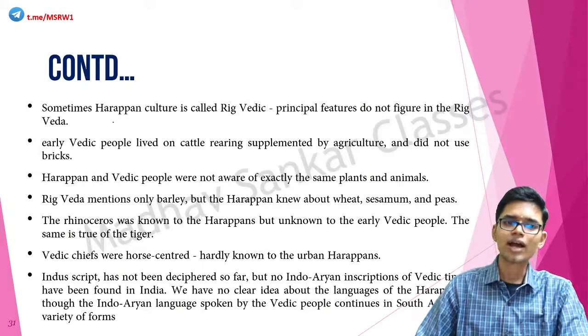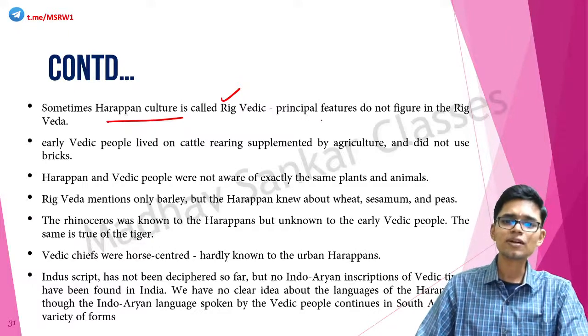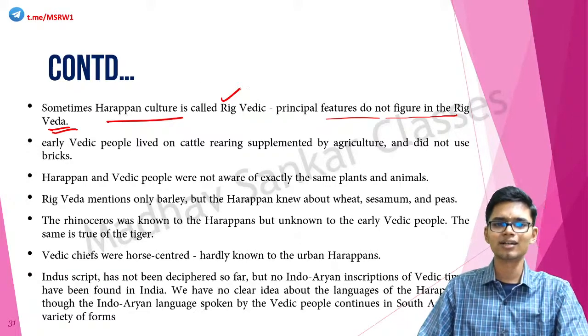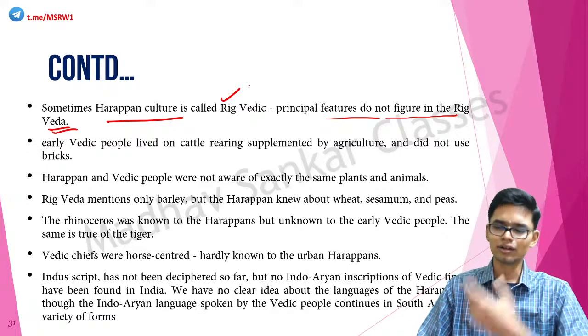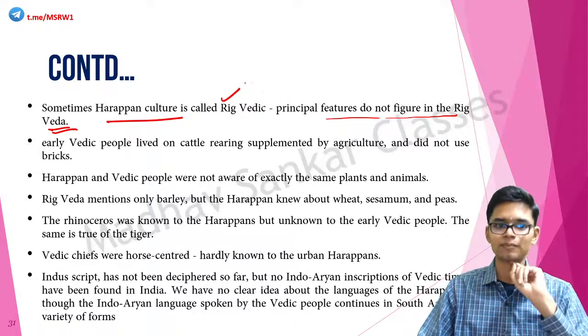Sometimes historians call Harappan culture Rigvedic. But the principal features do not figure in Rigveda. That is very curious. Although it is called Rigvedic by some historians, none of its features are actually found in the text of Rigveda.